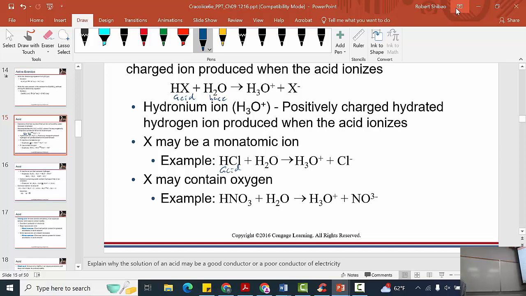This is the acid, this is the base. In this type of reaction, we take a H plus from the acid and give it to the base. And so we call this a proton transfer reaction.